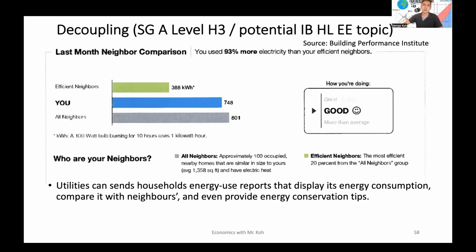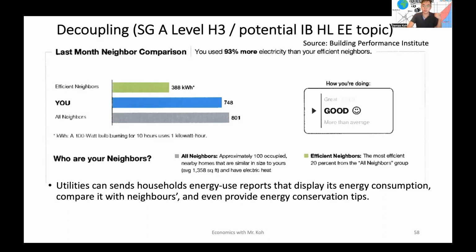And now that information is available to you, utilities can actually use such energy reports, in terms of household use, that display energy consumption and make comparisons across neighbors in the neighborhood and even provide energy conservation tips. Then if that's the case, that probably also means that the government has provided some incentives to the utilities, possibly, first of all, decoupling.